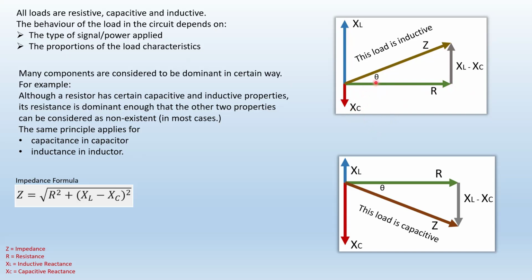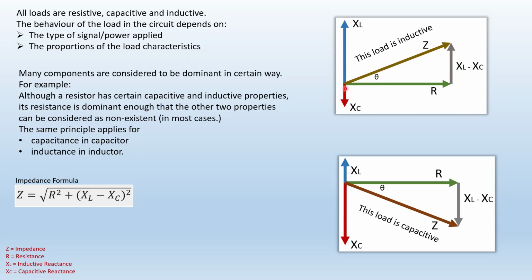If we're not at the resonant frequency, so the frequency other than resonant, obviously, then one of the reactances is going to be greater. In this case here, the inductive reactance is greater than the capacitive reactance.